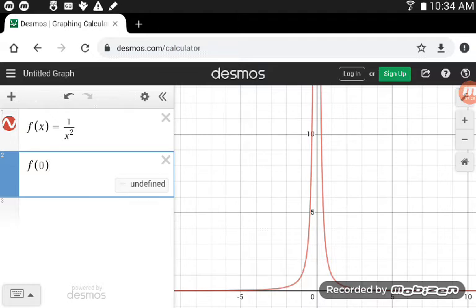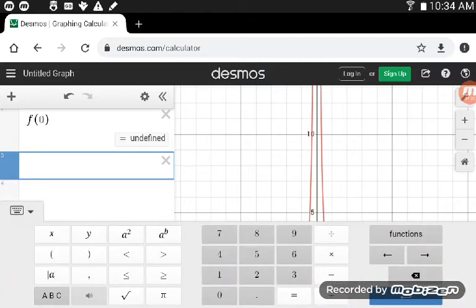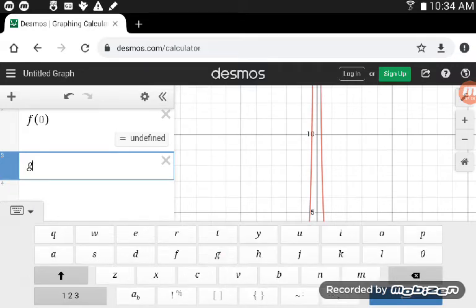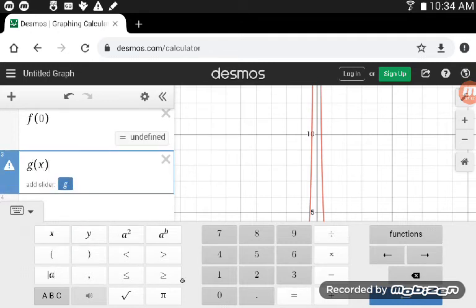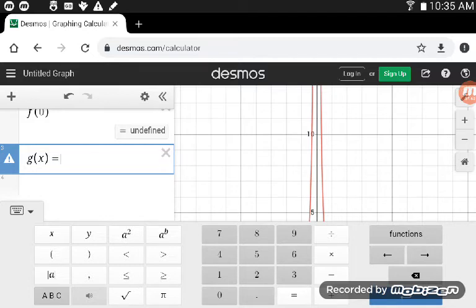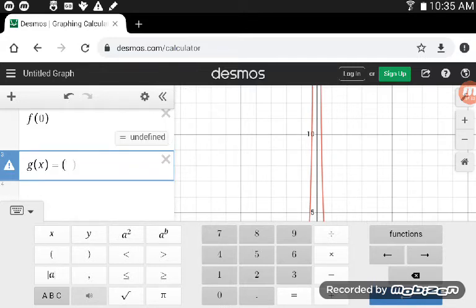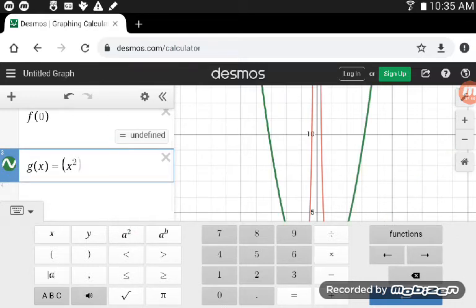And if I have something else like g of x. Okay, so g of x is equal to, and I'll do a fraction again, but this time I'm going to do something like x squared minus 4.